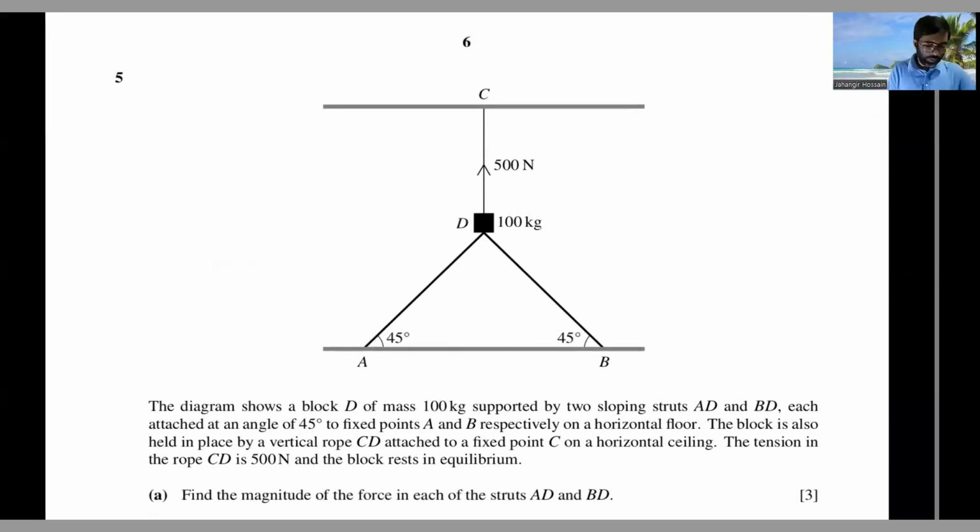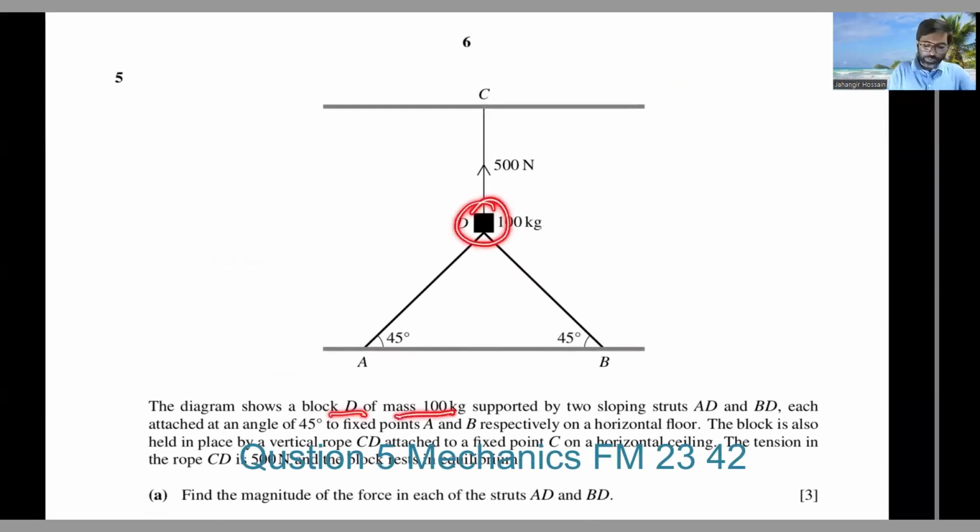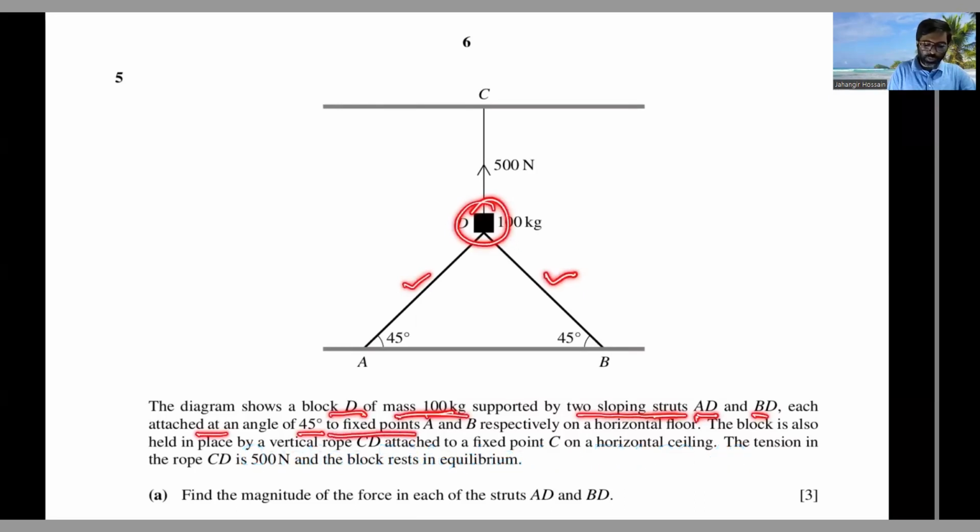Okay, in question 5, the diagram shows a block D of mass 100 kg supported by two sloping struts, AD and BD. These are the two struts supporting the block, each attached at an angle of 45 degrees to points A and B respectively on a horizontal floor.